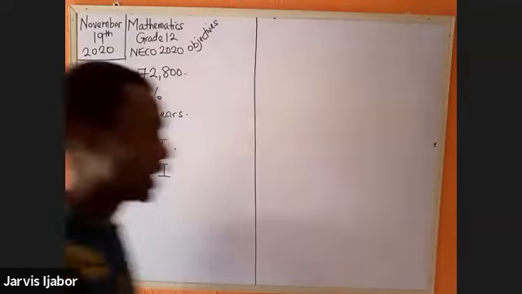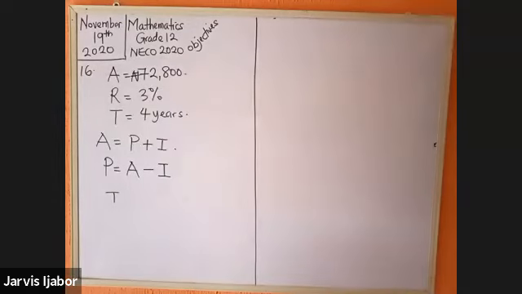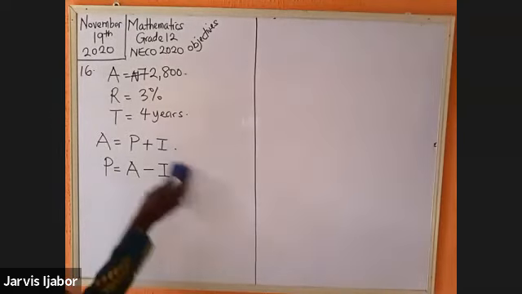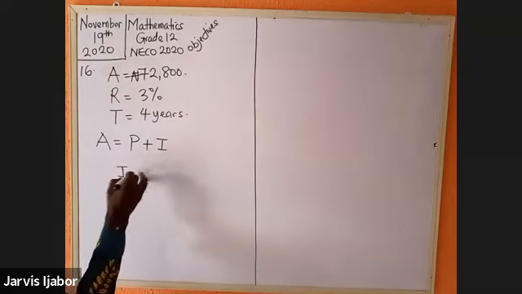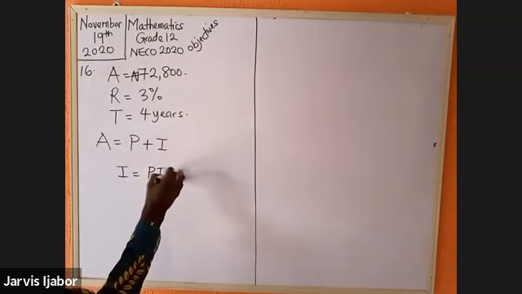Okay, maybe we should take another approach. Sometimes in solving problems, you want to look at another approach. I think I'm seeing something different. Remember that the interest is actually principal times time times rate over 100.